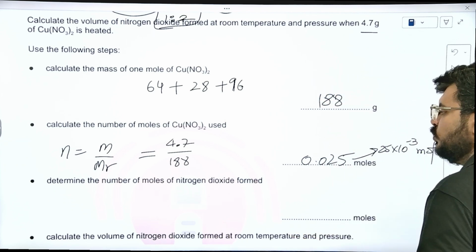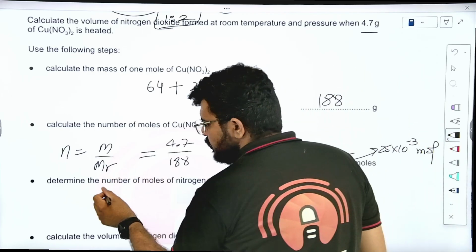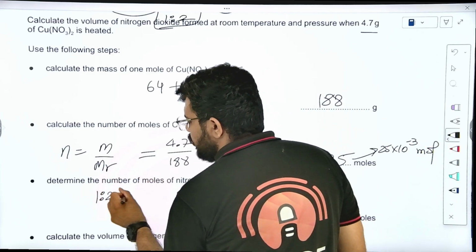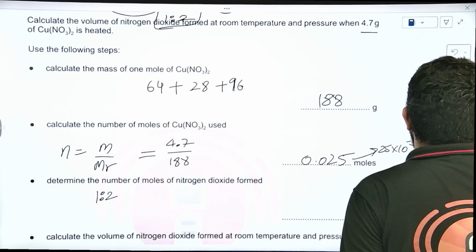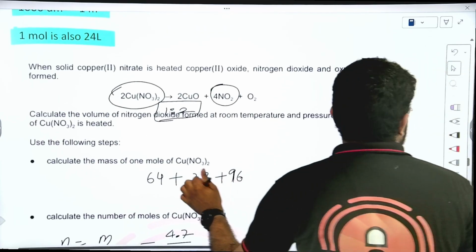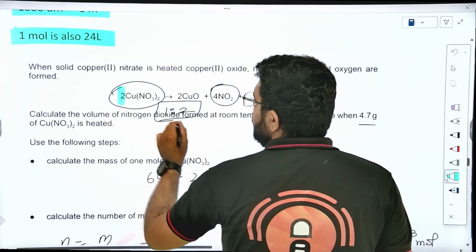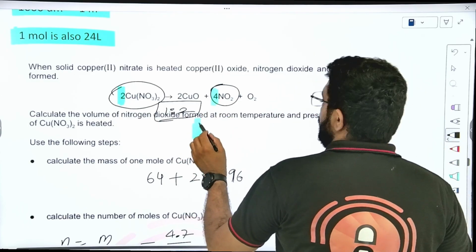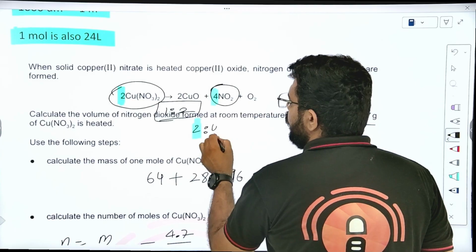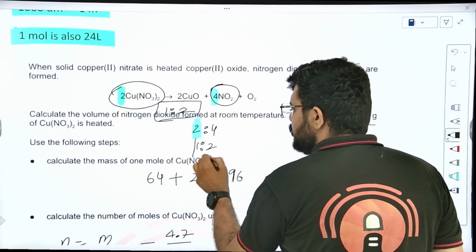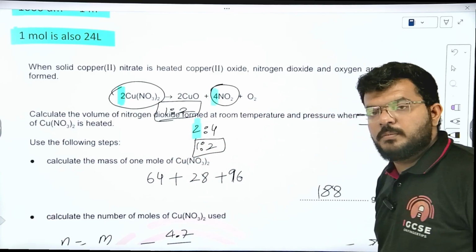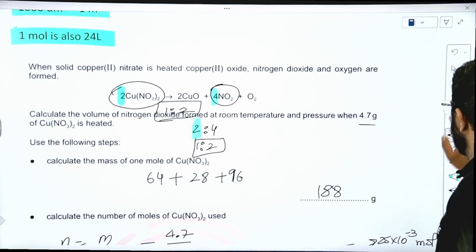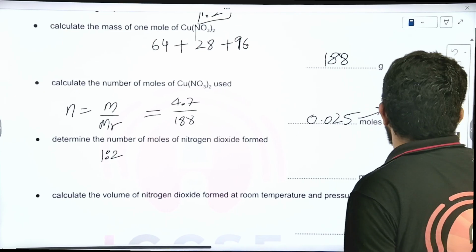Determine the number of moles of nitrogen dioxide formed. Now what was the ratio? I told you that the ratio was 1:2. How did I find that it is 1:2? If you look at this, this is 2 and this is 4, so the ratio is 2:4, which, because it is a ratio, should be in the lowest whole number possible, which is 1:2.